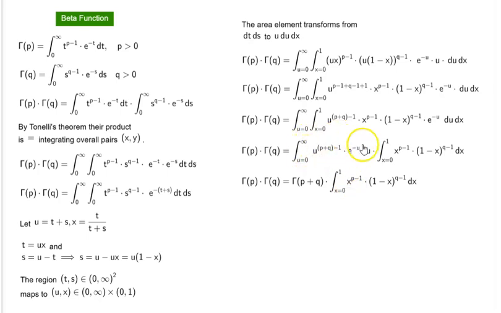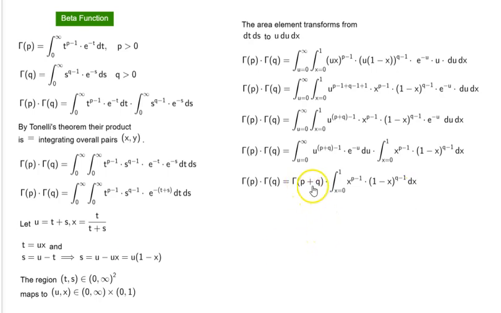What is this? If we take p plus q as n, we have integral from 0 to infinity of u to the power of n minus 1 times e to the power of minus u du, which is nothing but gamma of p plus q, times this integral, 0 to 1 of x to the power of p minus 1 times (1 minus x) to the power of q minus 1 dx.